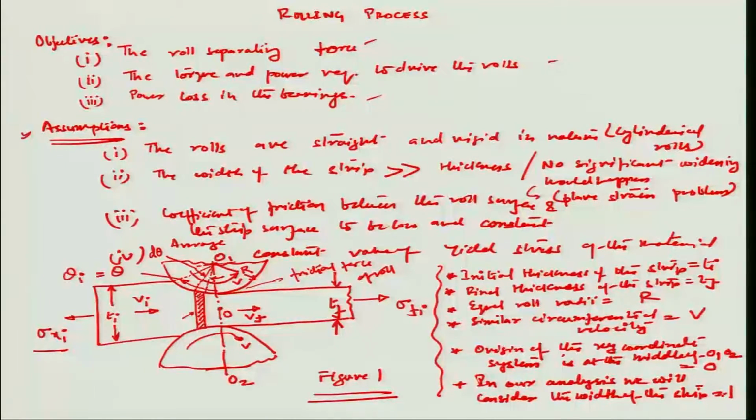And obviously the entry and exit velocities of the strip are taken to be Vi and Vf. So I will write this down here: the entry and exit velocities taken as Vi and Vf respectively.